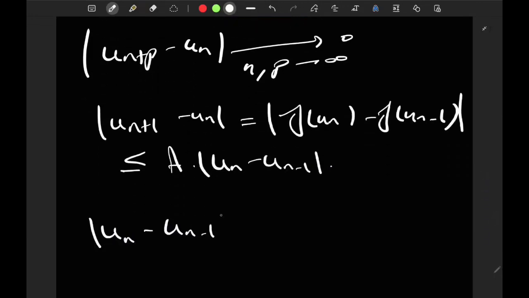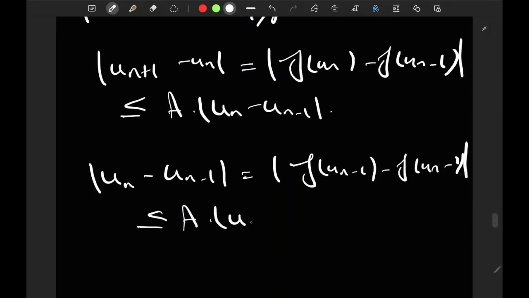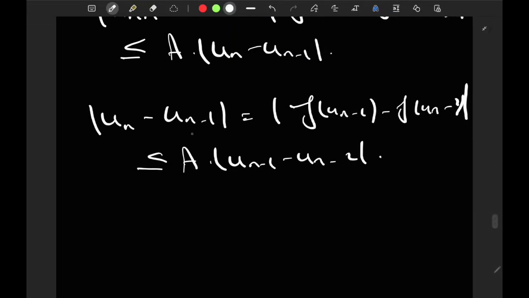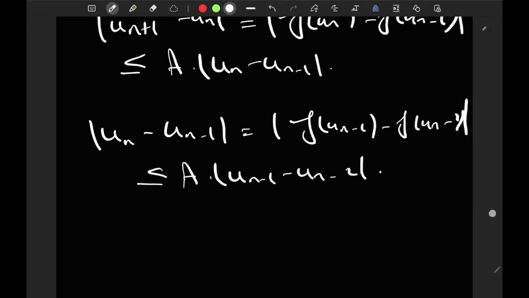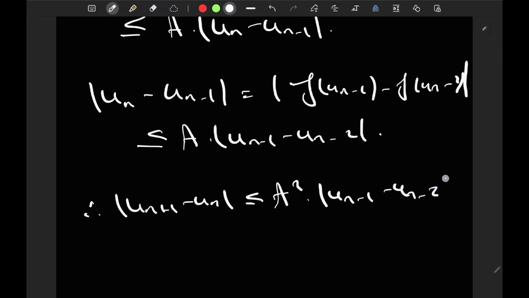So |u_n minus u_{n-1}| is just |f(u_{n-1}) minus f(u_{n-2})|, and this is less than or equal to a times |u_{n-1} minus u_{n-2}| for the same reasons. Therefore |u_{n+1} minus u_n| is less than or equal to a squared times |u_{n-1} minus u_{n-2}|.